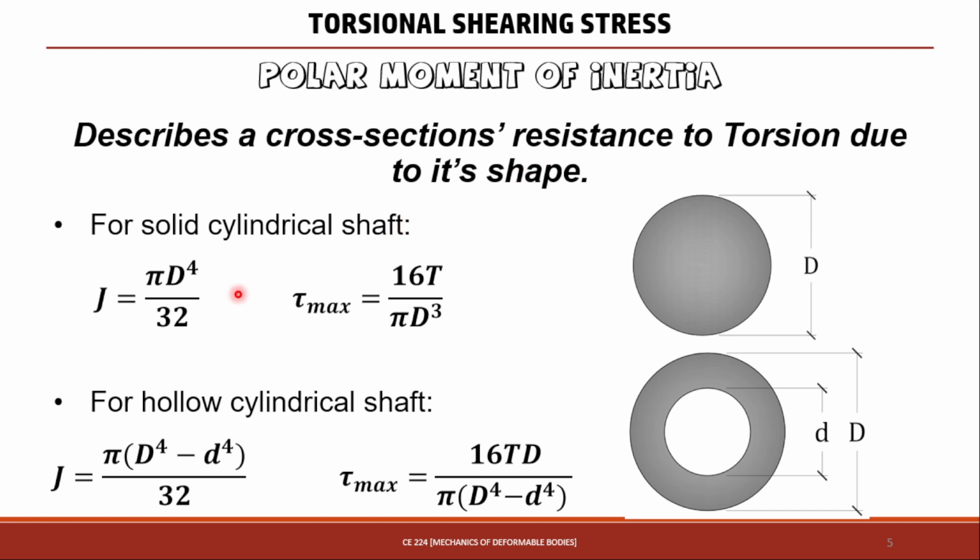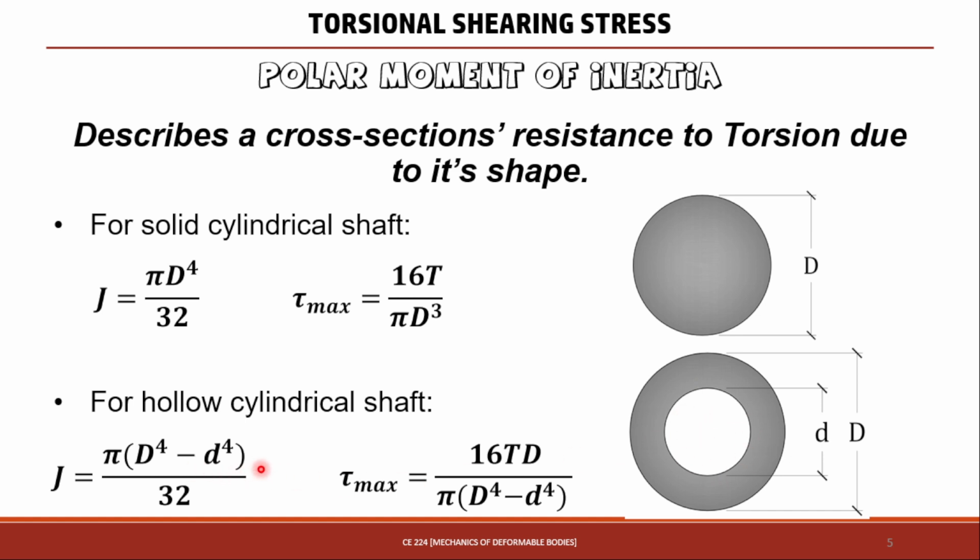So, our equation for the polar moment of inertia of a solid cylindrical shaft is just equal to pi d to the 4th over 32. Okay? Then when we put it into our equation for rho max, we get the equation 16T over pi d cubed. And for the hollow cylindrical shaft, we take the polar moment of inertia of the larger diameter, then subtract the moment of inertia of the smaller diameter.